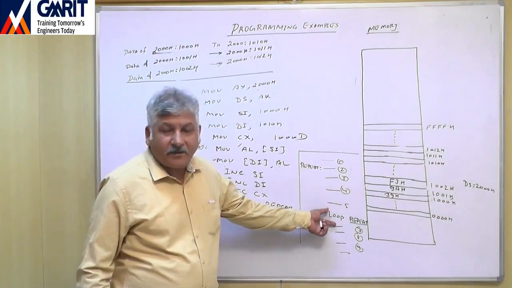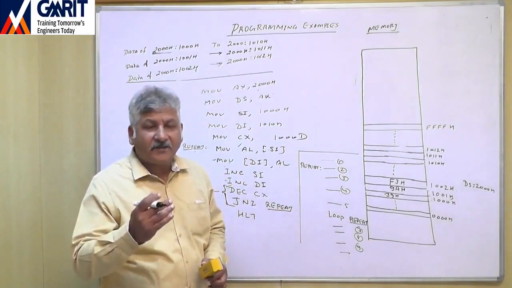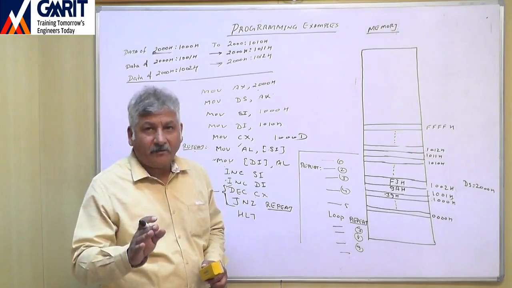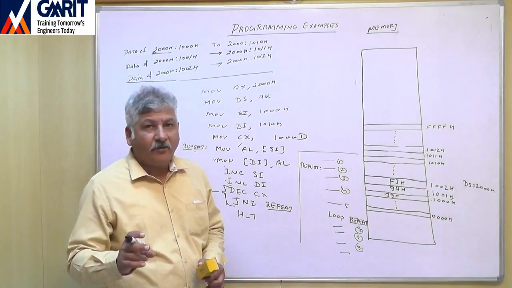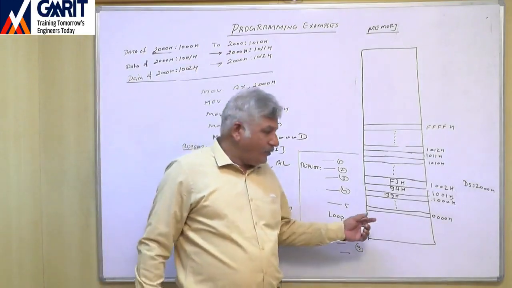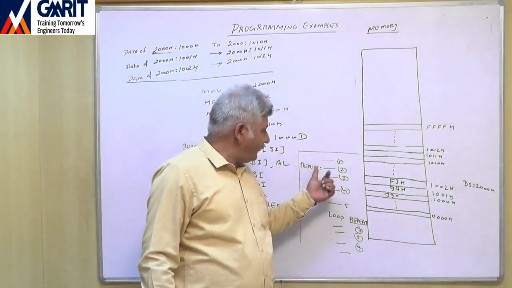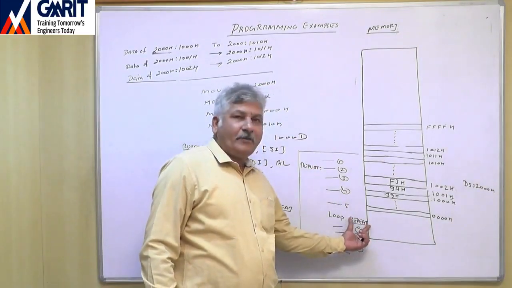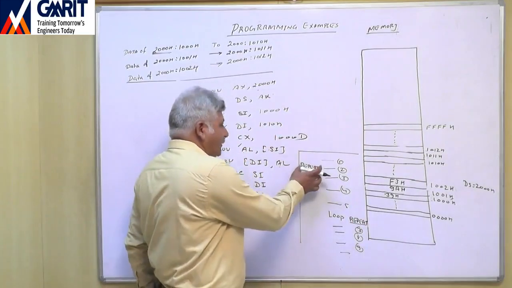This loop instruction will decrease the value of the CX register by 1. And if CX is not 0, then it will transfer the sequence of the program to the instruction where we have written this label. So here we have written label repeat, and the repeat label is here.